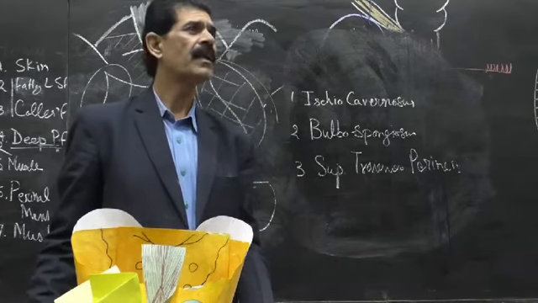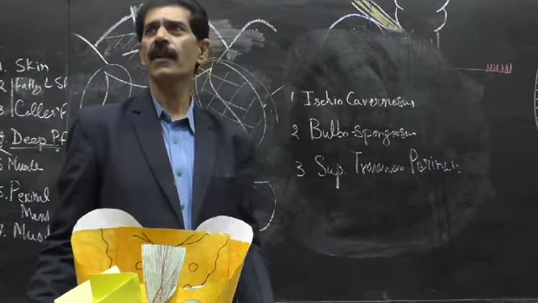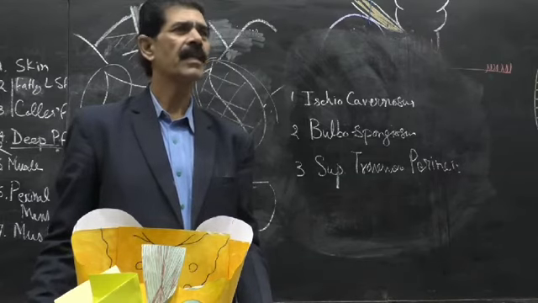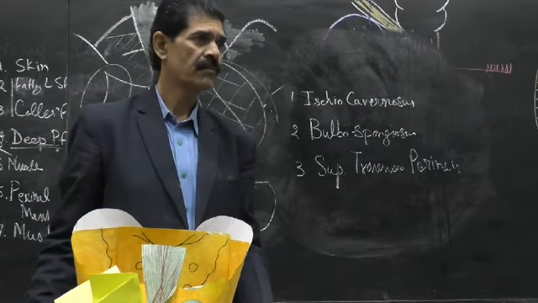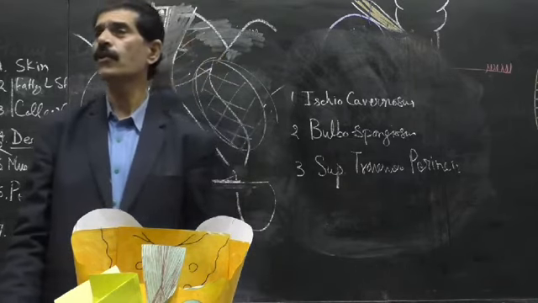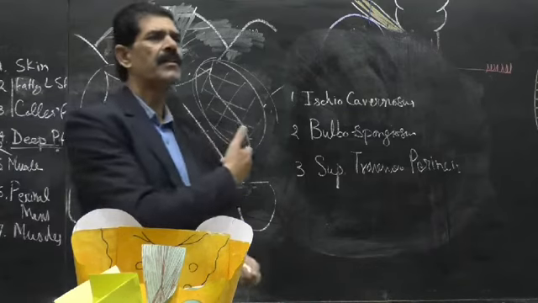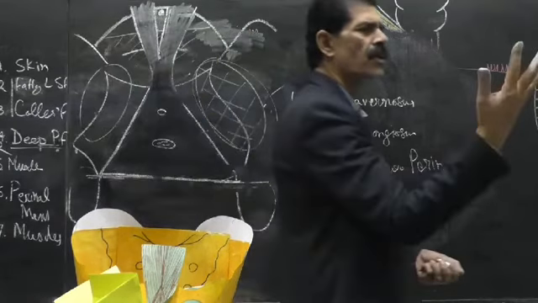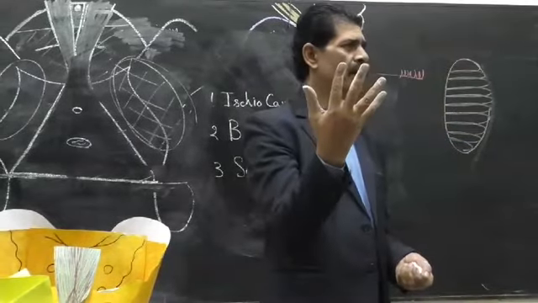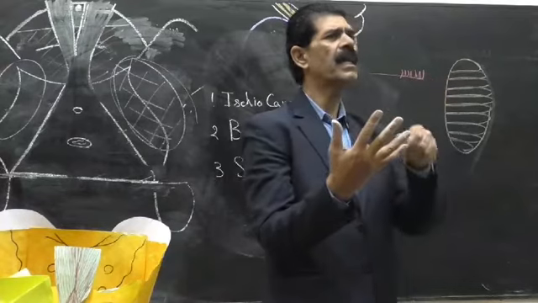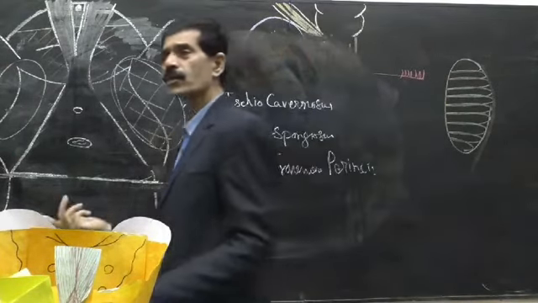What does the word cavernous mean? Why is it called cavernous? Because this sinus has multiple pockets; its lumen is divided into small pockets by septa inside it. Same is here. This muscle also has spaces between its groups of fibers. They are the cavernous spaces, filled with blood. That's why it is called the ischiocavernosus muscle.